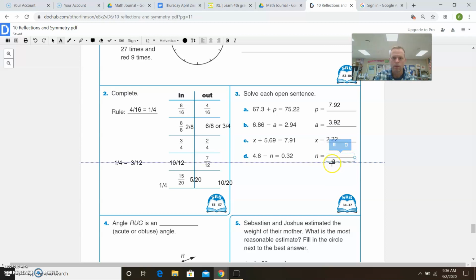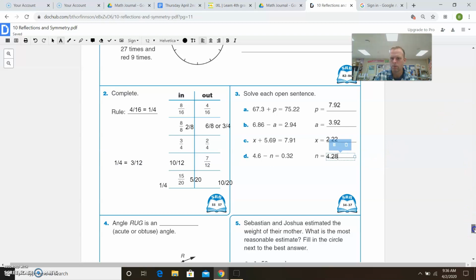And the last one, again, finding the difference, but actually this one is a little different. So you have 4 6/10 minus what number gives us 32/100. The answer to this one is 4 28/100. You're subtracting again on that.